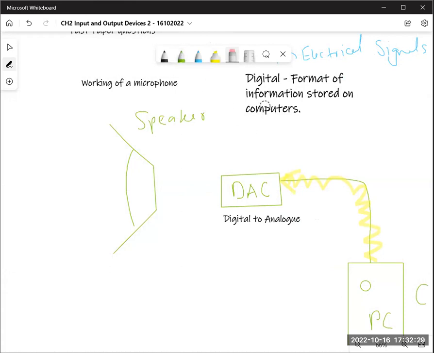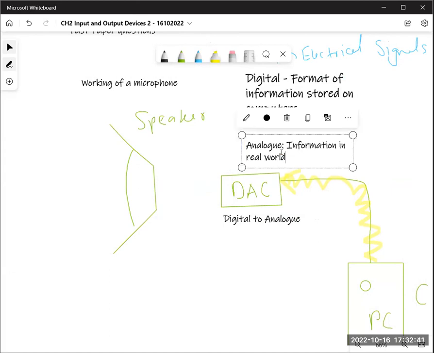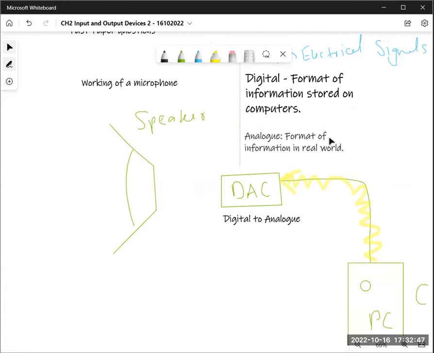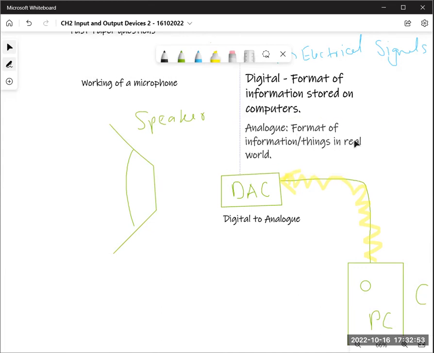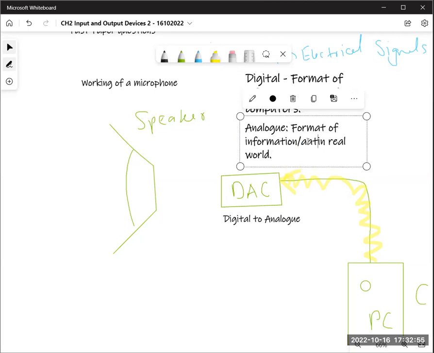What does analog mean? Analog means the format of information in the real world. Is that clear? Yes. Or not just information, let's just say things in the real world. Anything, or action, action in the real world.